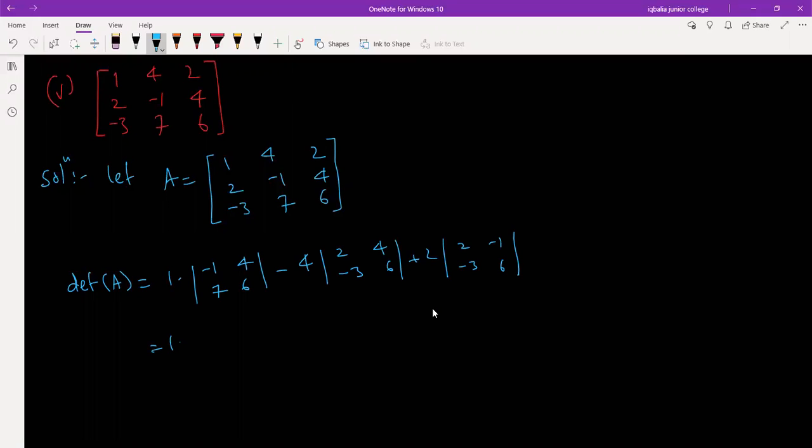Here 1 into minus 1 into 6 minus 7 into 4, minus 4 into 2 into 6 minus 3 into 4, plus 2 into 2 into 6 minus 3 minus 1.